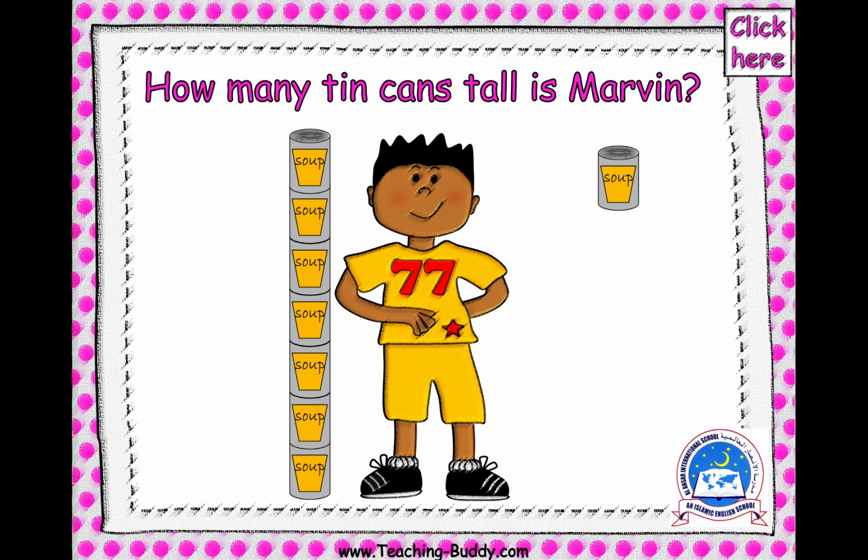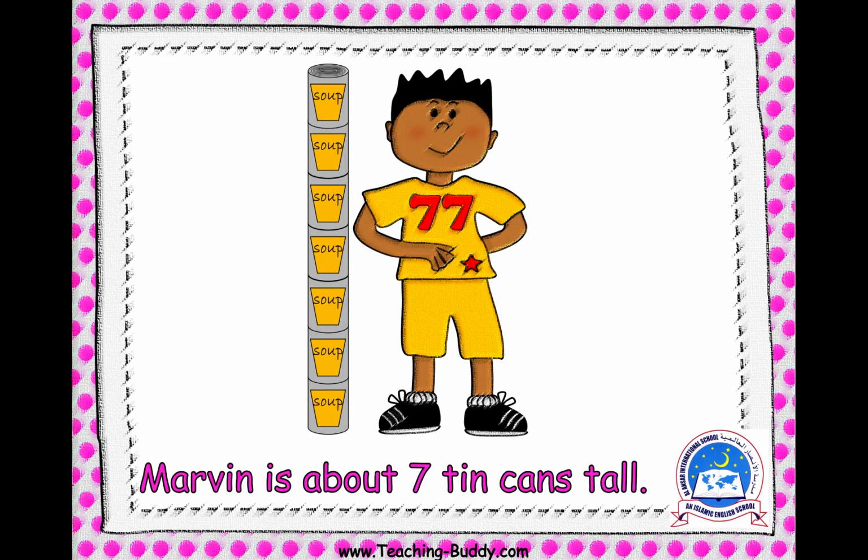So Marvin is 7 tin cans tall. So which one was more, the tin cans or the jars? If you guessed the tin cans, well done. Because yes, we used 7 tin cans, but we only used 5 jars. So as you can see, you can use anything to measure anything.